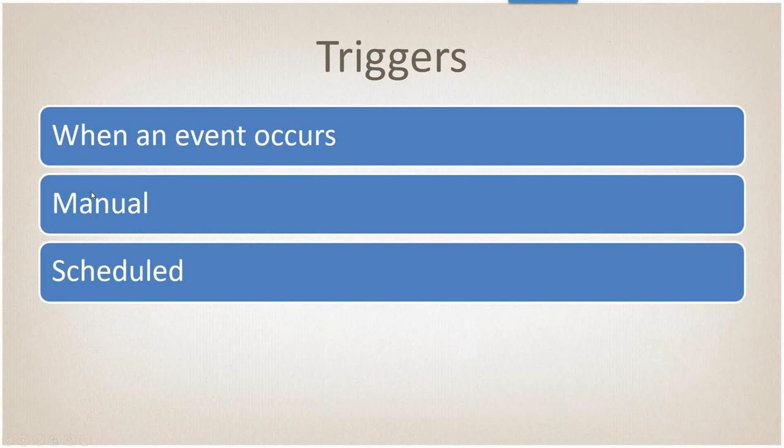So basically, triggers are generally one of three things that I found. First, when something happens with one of the services, such as a record being created, a tweet being posted, a blog post, whatever it might be. You can also manually start a flow with the Flow app by clicking a button.